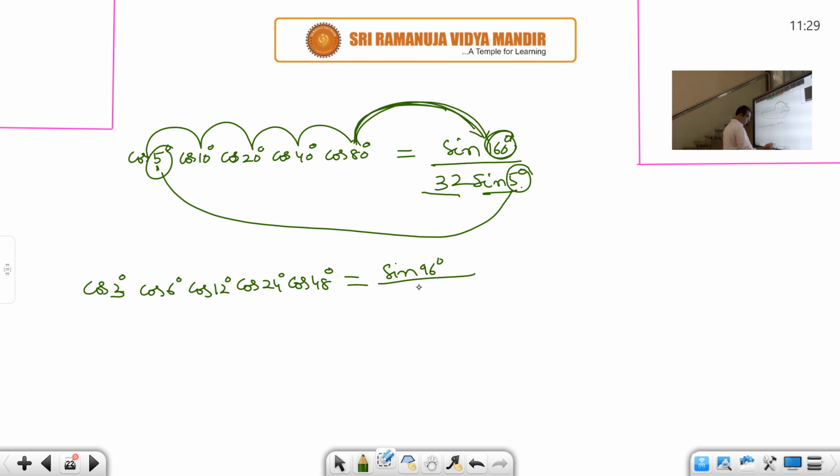Initial angle 3, so sine 3 degrees. This is because 96 is equal to 32 into 3, so 32 will come out. So this is the method. You can remember this formula like this.